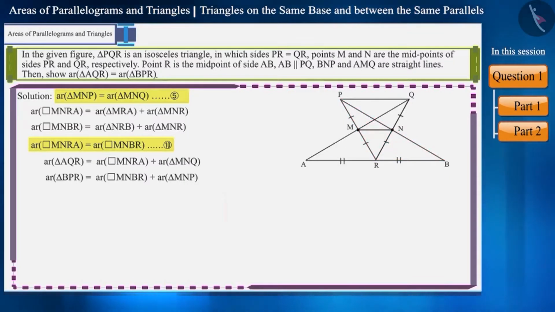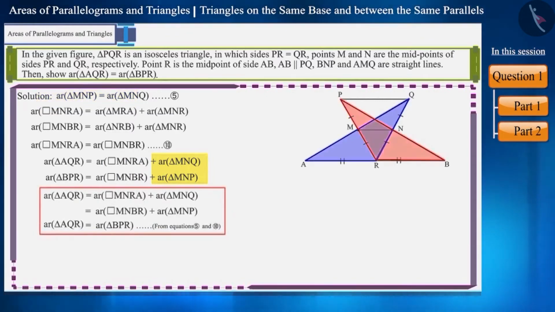Now look at these equations carefully. The area of the two quadrilaterals MNRA and MNBR is equal. And we saw that the two triangles MNP and MNQ are also equal. Therefore, we can say that the area of these two triangles is equal. Thus, we have proved this.